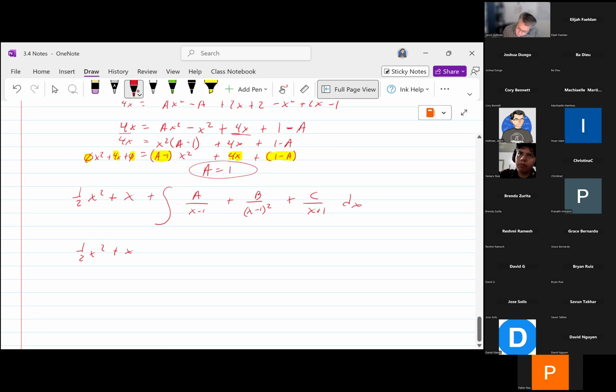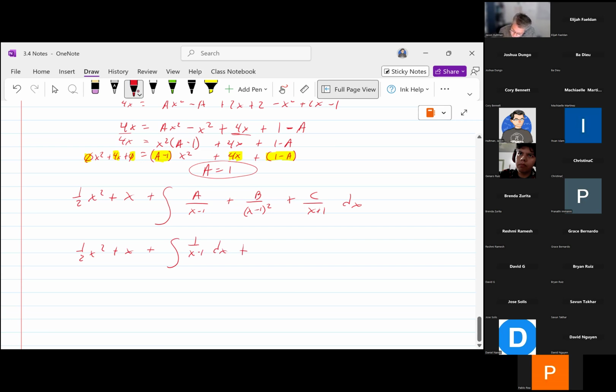So this is 1/2 x squared plus x, plus the integral of what? I'm going to break this up into 3 separate integrals. I'm going to integrate a, but what was a? a was 1. So this is the integral of 1 over x minus 1 dx, plus b. What was b?